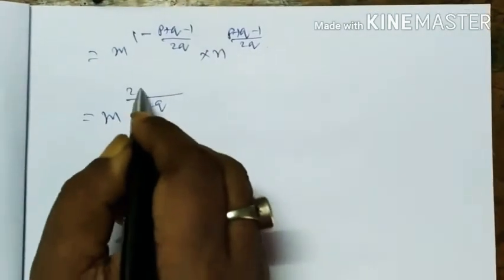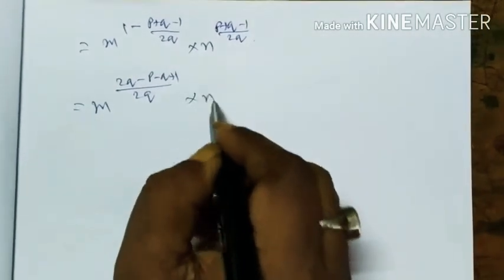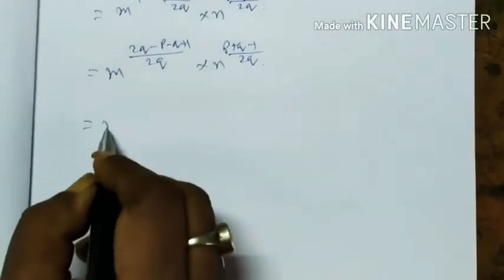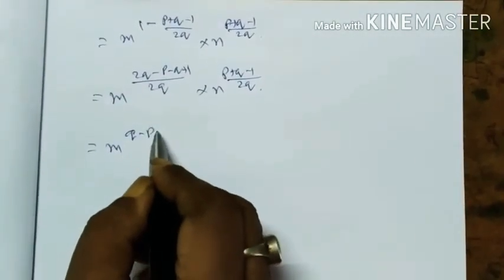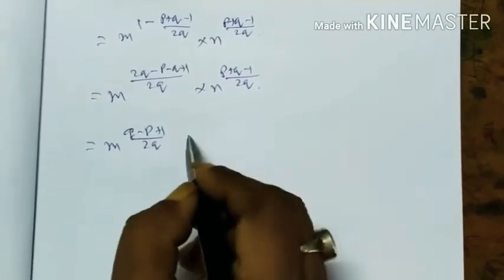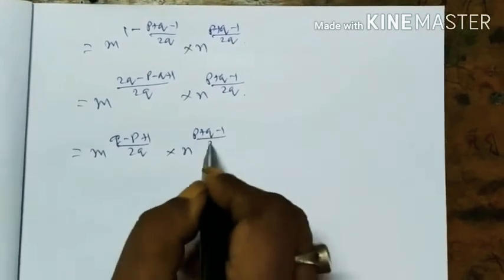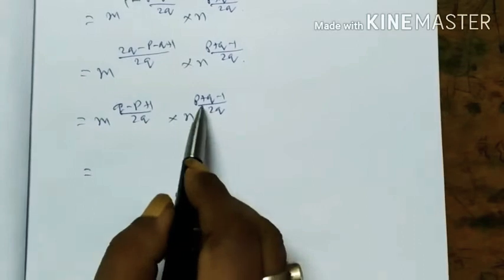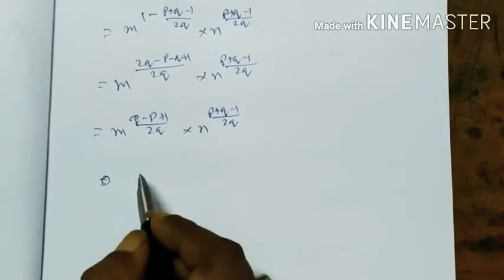So the LCM will be 2Q, giving 2Q minus P minus Q plus 1, so this comes out to be M to the power (Q minus P plus 1) by 2Q into N to the power (P plus Q minus 1) by 2Q. So this is the value of A.